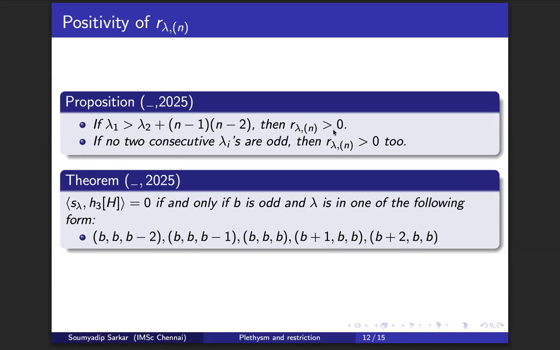So that means your Weyl module W lambda Cn will always admit an Sn invariant vector if the difference of lambda 1 and lambda 2 is large enough. This is one sufficient condition. Another sufficient condition we can give is that if no two consecutive parts of lambda are odd, then also you have this positivity of this restriction coefficient.